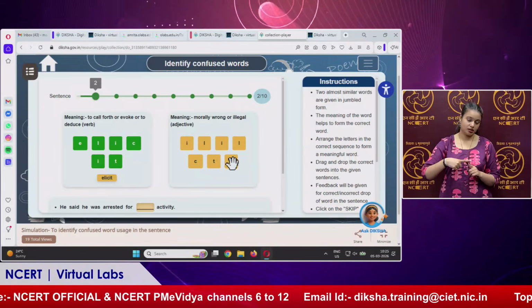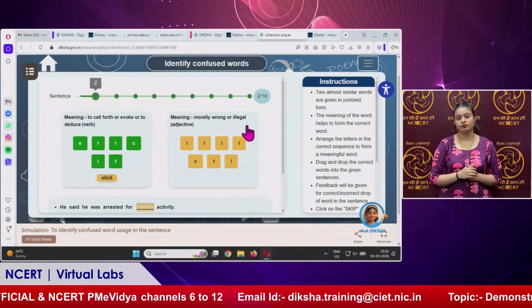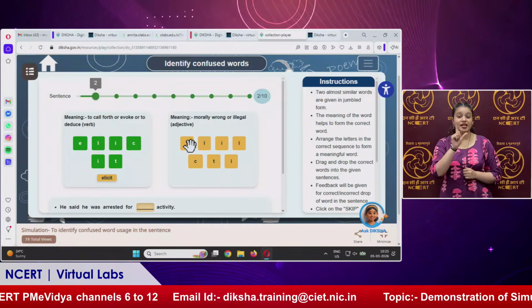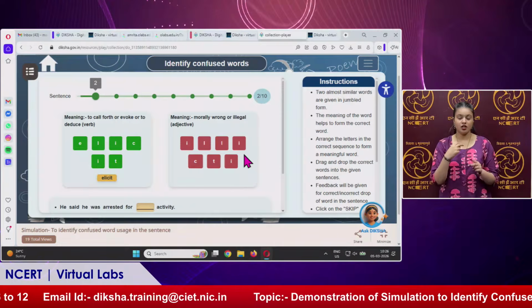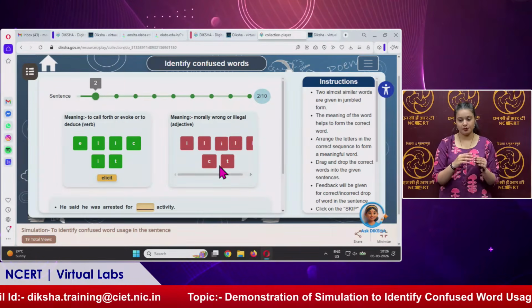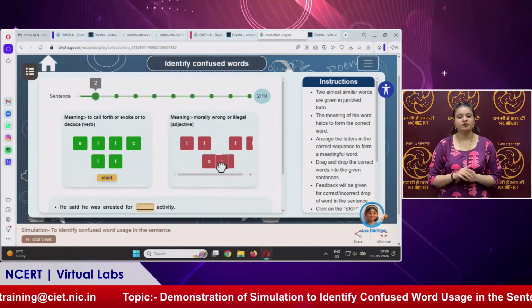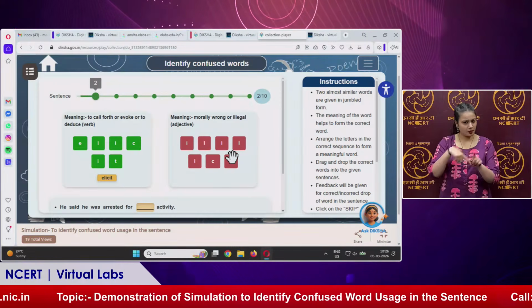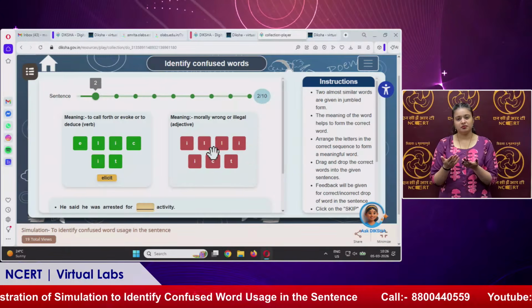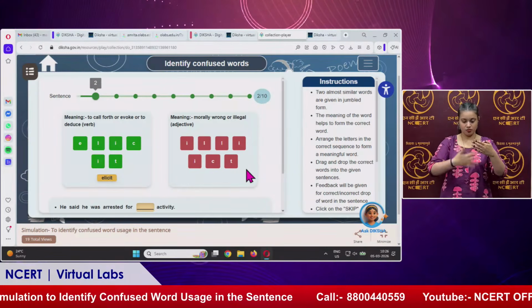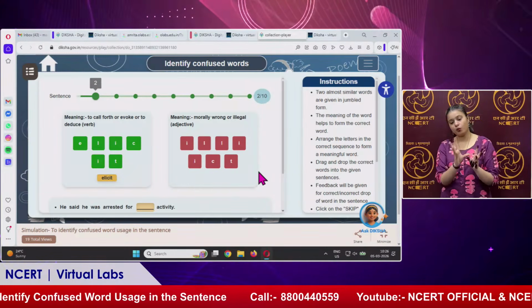And the other one, morally wrong or illegal, is illicit. So these are two different words. They sound similar. It's very interesting, and I think our viewers can actually solve this exercise themselves. There are 10 of these given over here, and all are very interesting words.